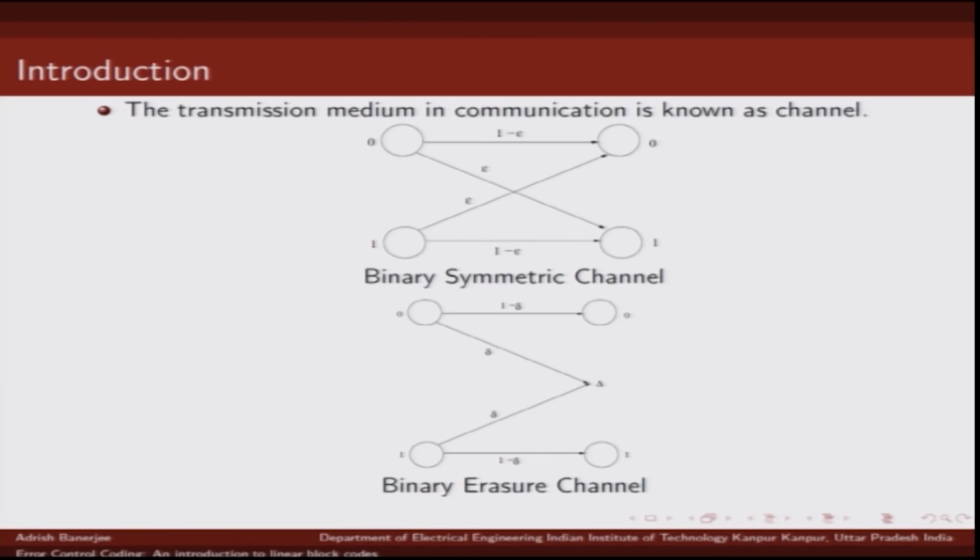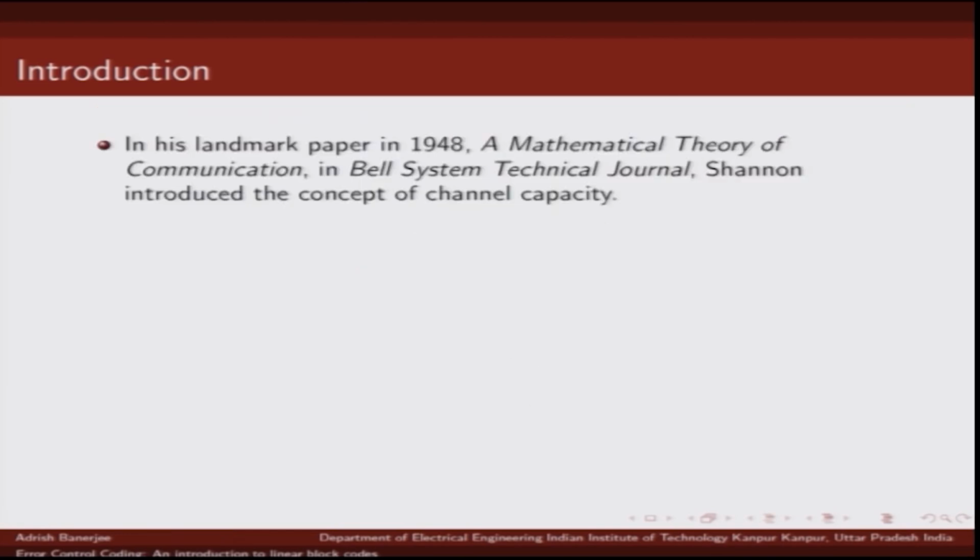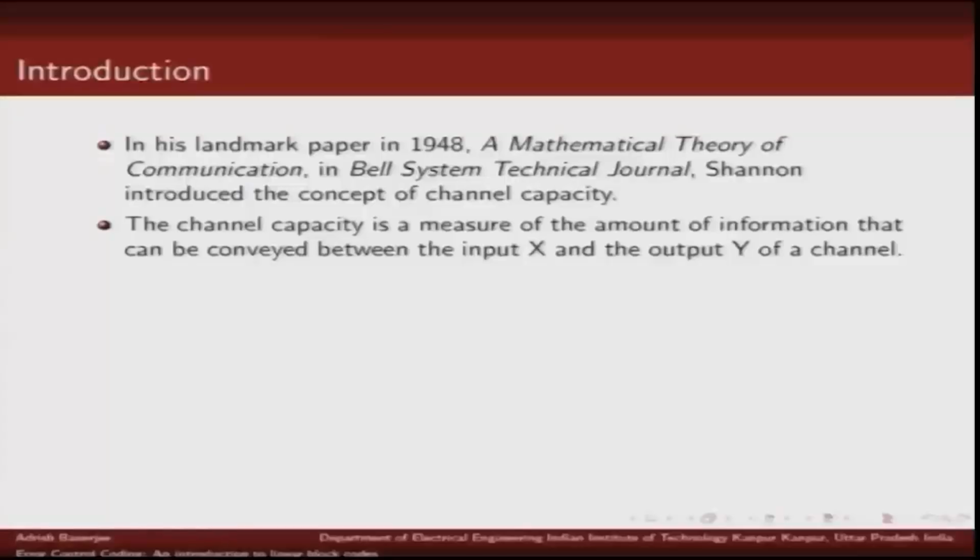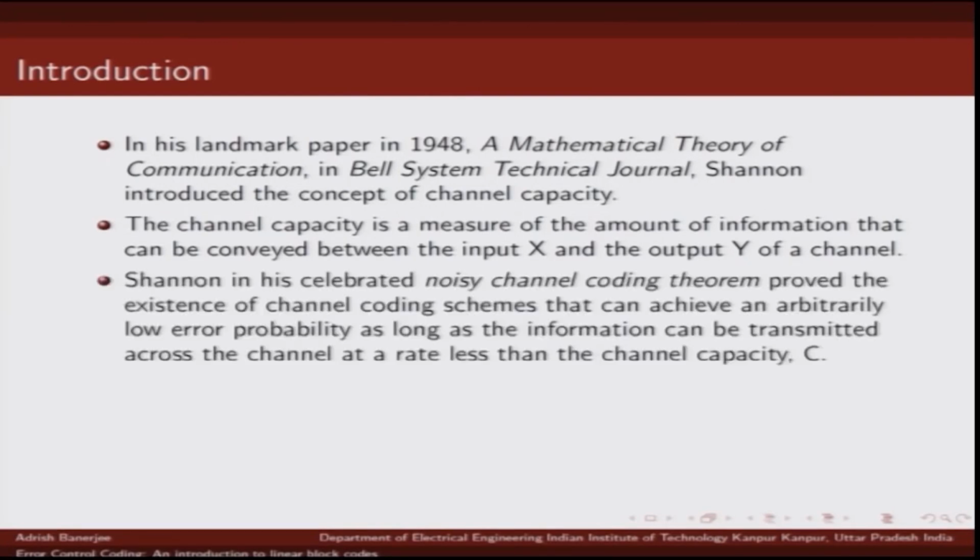In his landmark paper in 1948, Shannon introduced the concept of channel capacity, that is, the maximum rate at which we can communicate over a communication link. Channel capacity is defined as the maximum amount of information that can be conveyed from the input to the output of a channel.